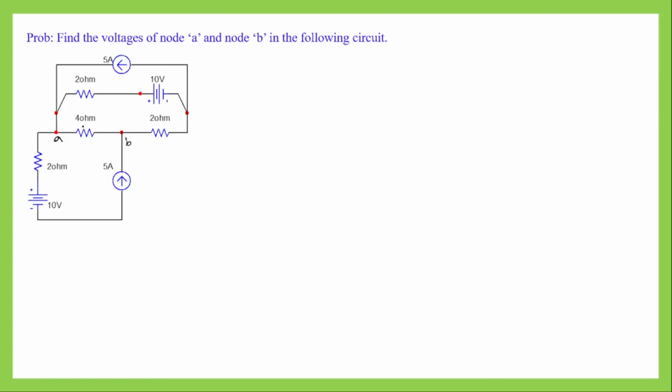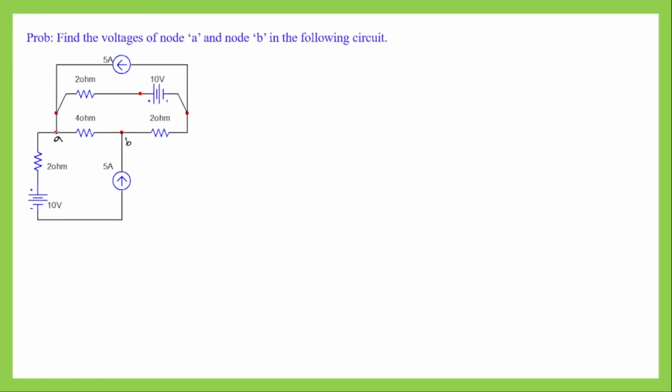Now what we can see here is that we have 3 loops, so from this electrical network we can form 3 mesh equations. If we consider the principal nodes, we can see clearly that we have one node here where 1, 2, 3 and 4 branches are connected. So this is one principal node.